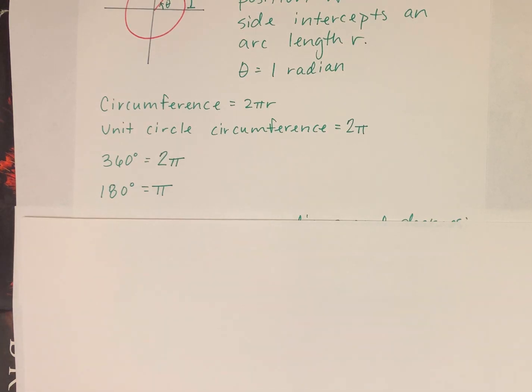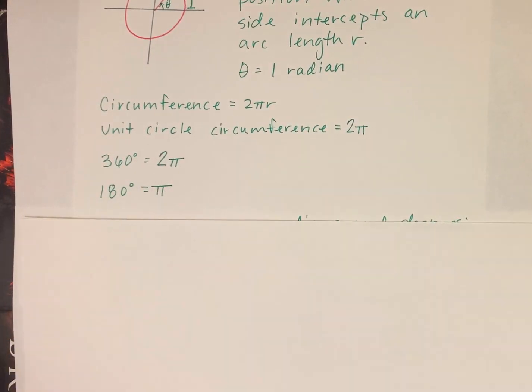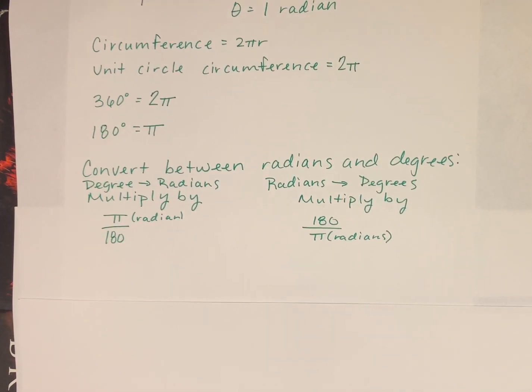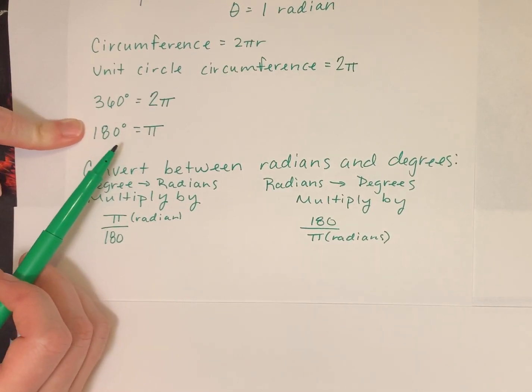If we want to convert between radians and degrees, we need to look at this ratio. So we have that pi is equal to 180, and we're going to use that to convert.